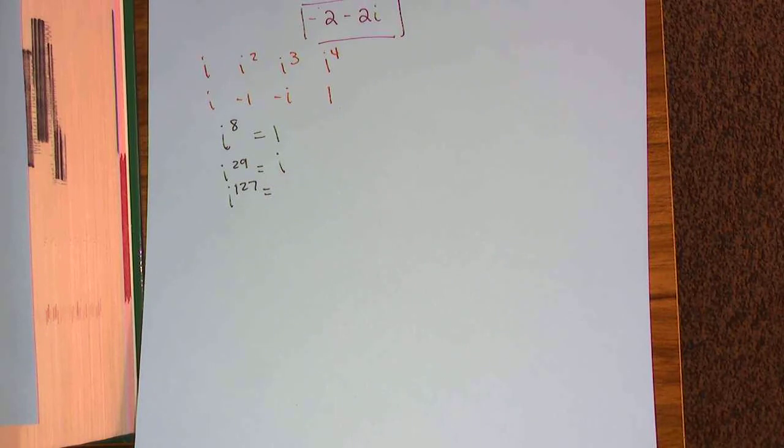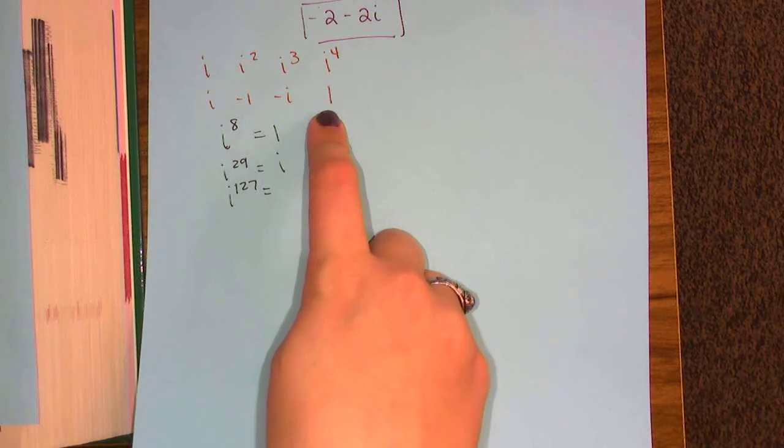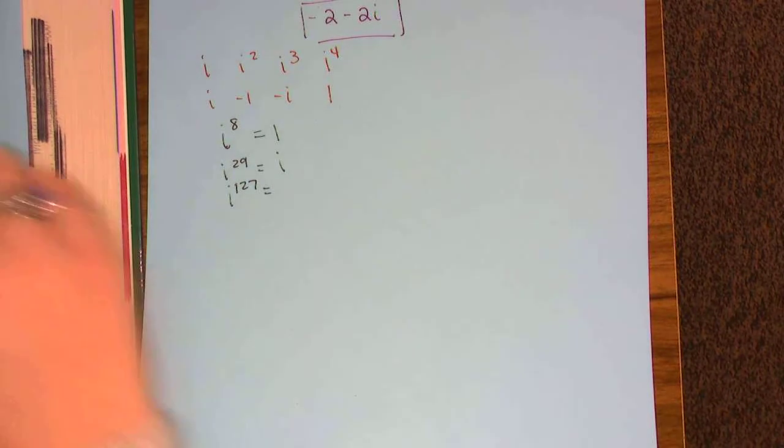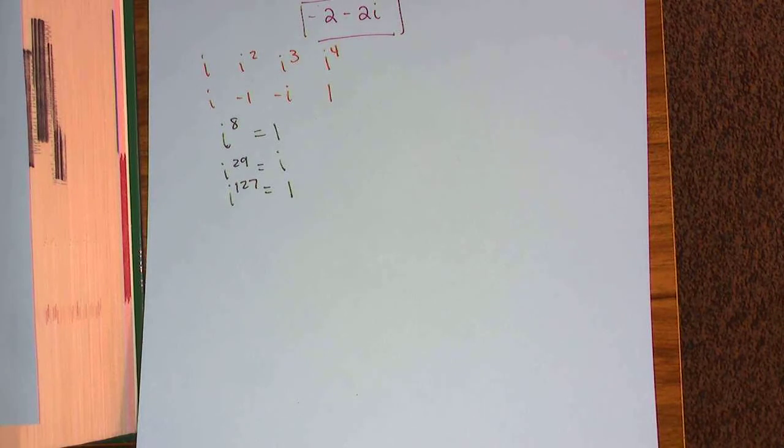Does 126 divide by 4? 3, 126, 42. Okay, so it goes by 3. So 126, we said that divides by 3. 127 is one more than that. So it'd be I. Or you can subtract 1 back.